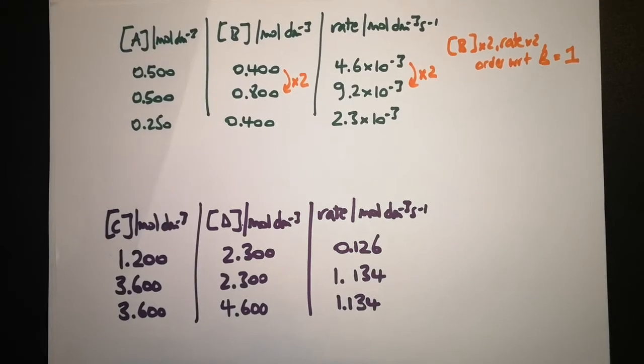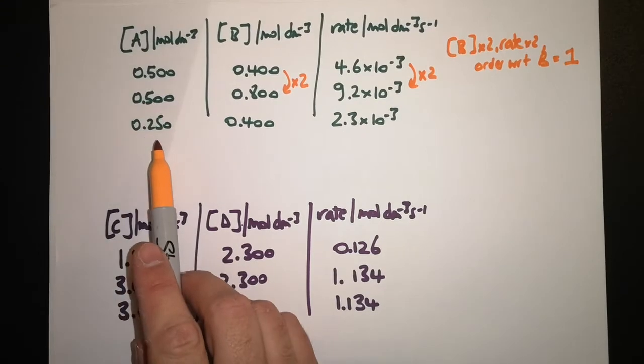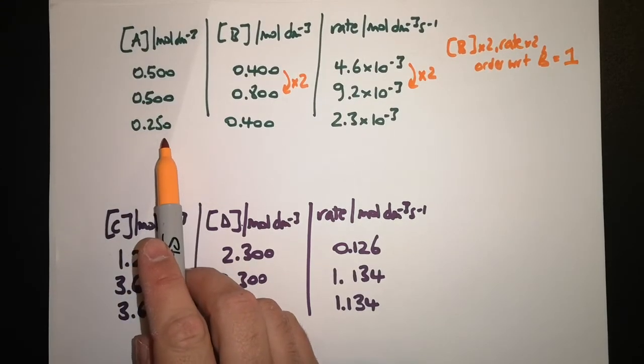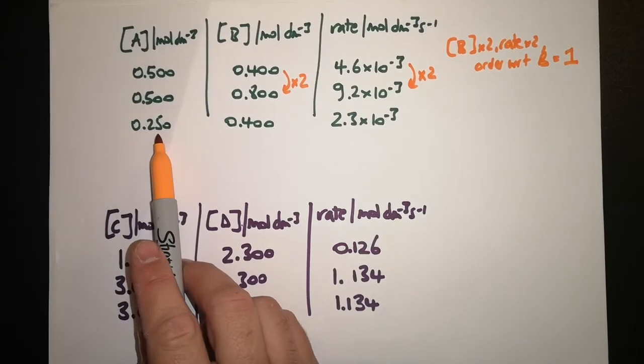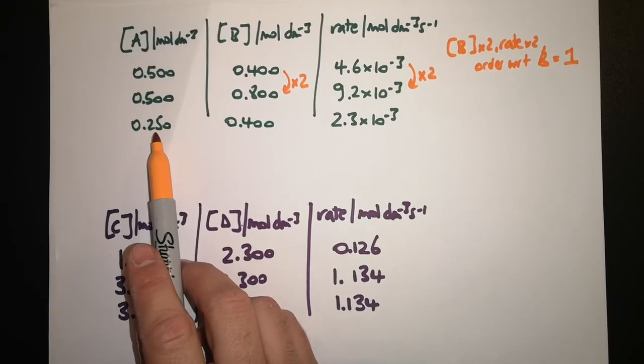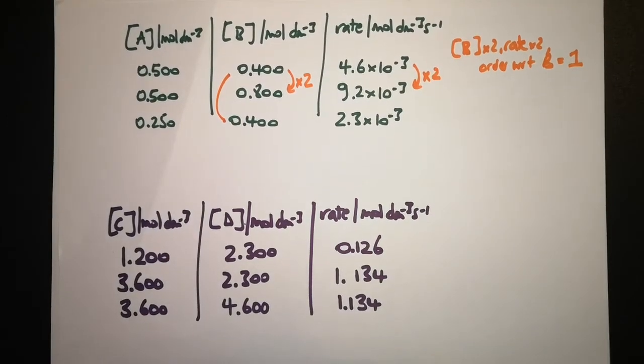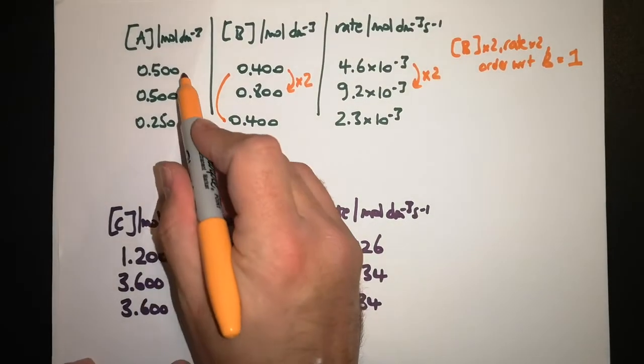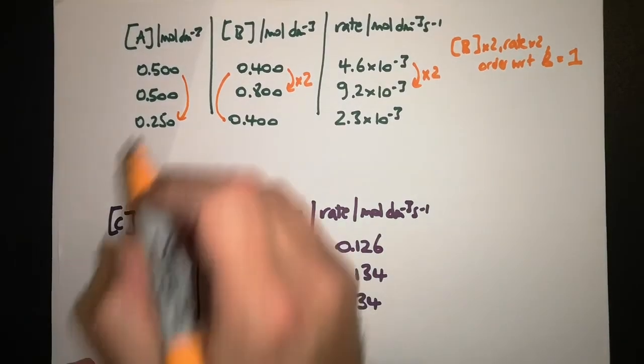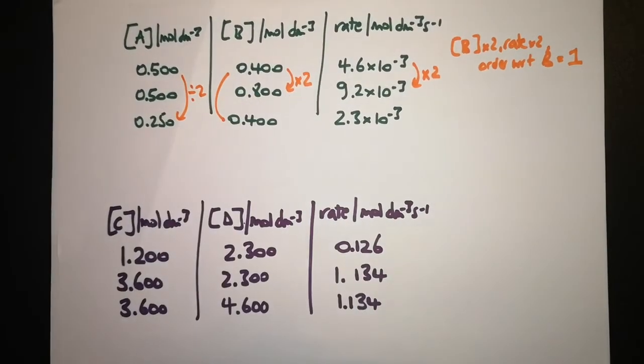Let's have a look at A now. We can see that the concentration of A is now changed to 0.250. But we have to be careful which experiments to pick here. We want B to be consistent. So we're going to pick 1 and 3 because the concentration of B doesn't change, but the concentration of A is halved.